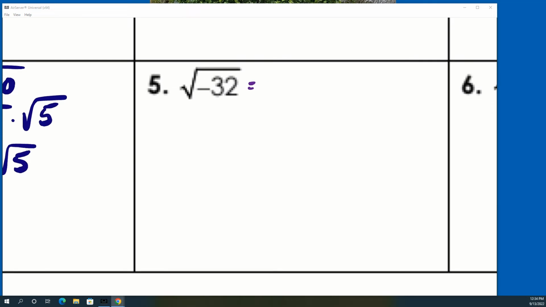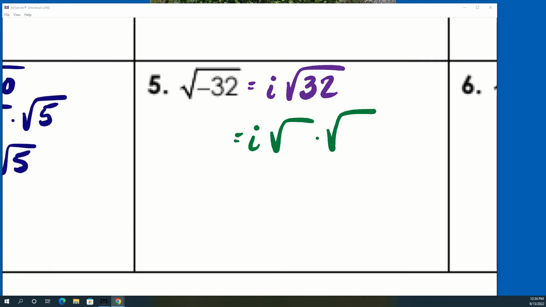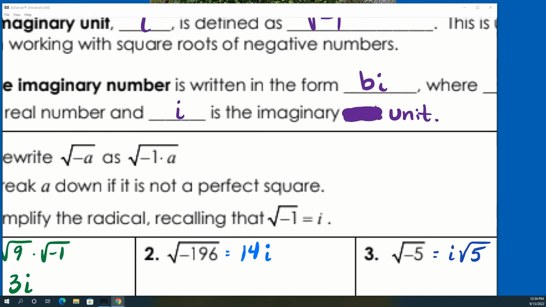All right, same thing for number 5. There's a negative under the square root, so I'm going to pull out an i and then make it a positive under the square root. Okay, and then we're going to look at our list of perfect squares and find the largest perfect square that divides evenly into 32.